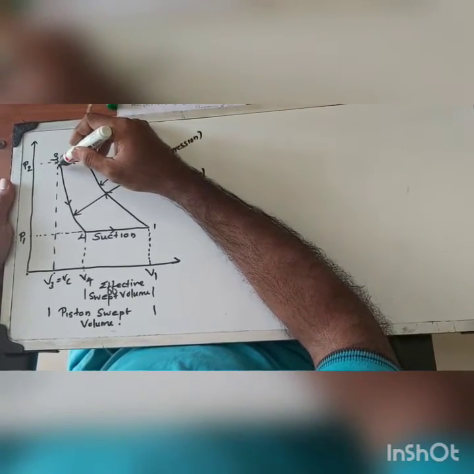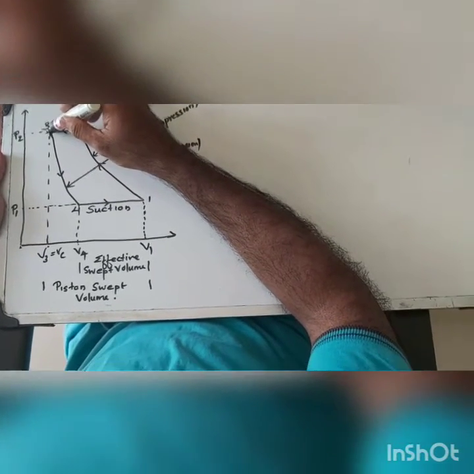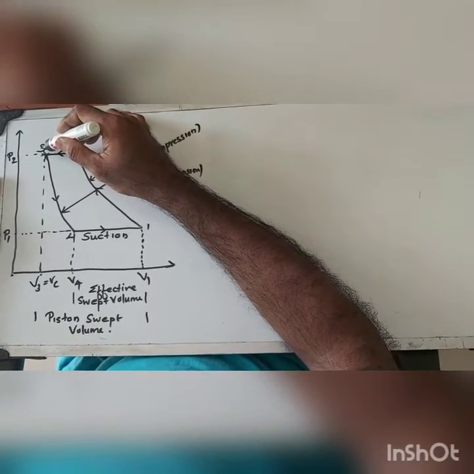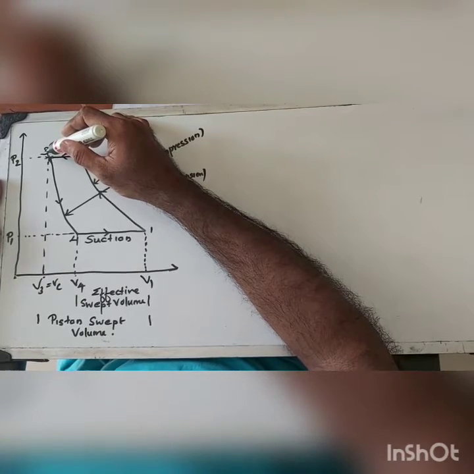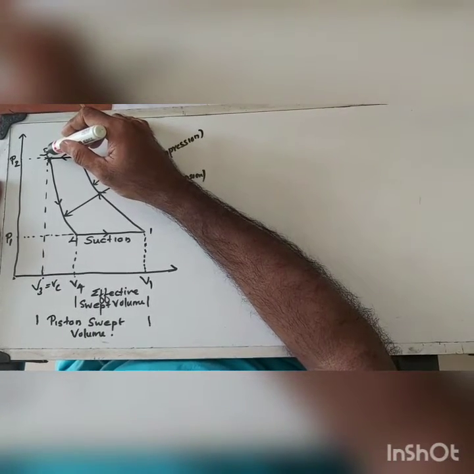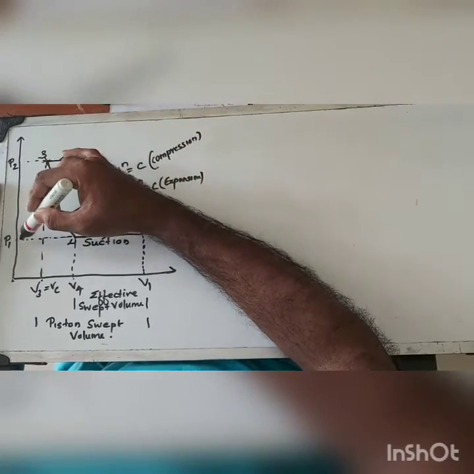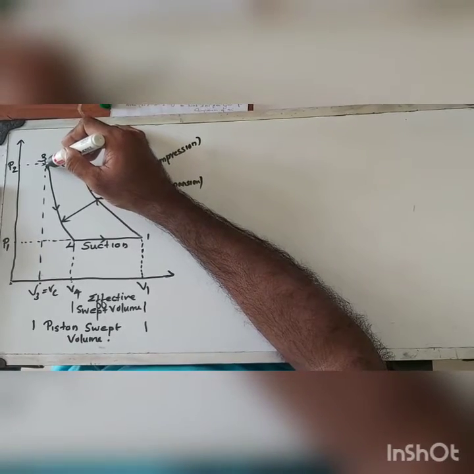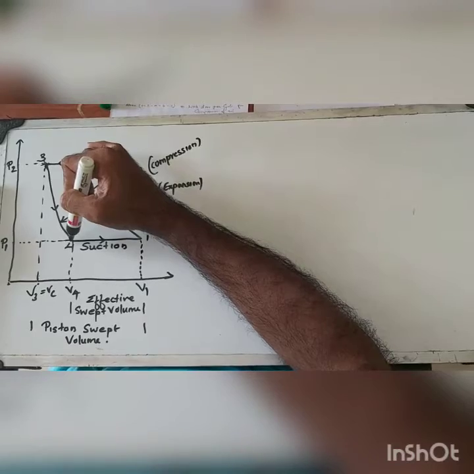From 3 to 4, which is different from the earlier diagram, the compressed air trapped inside the clearance volume between the cylinder head and the top dead center will expand from point 3 to point 4.